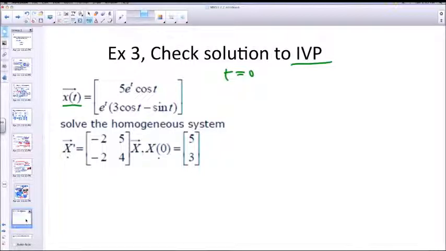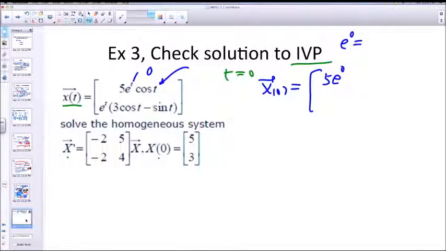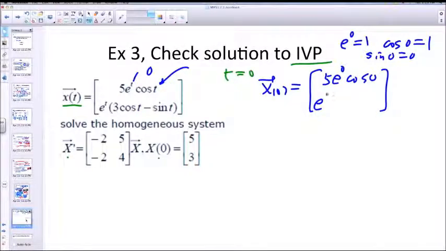When t equals 0, you just put 0 in here: 5 e to the 0, which equals 1, cosine 0 is 1, sine 0 is 0, then cosine 0, e to the 0, 3 cosine 0, minus sine 0. Of course, that's 5, 3. That's this. So you checked.